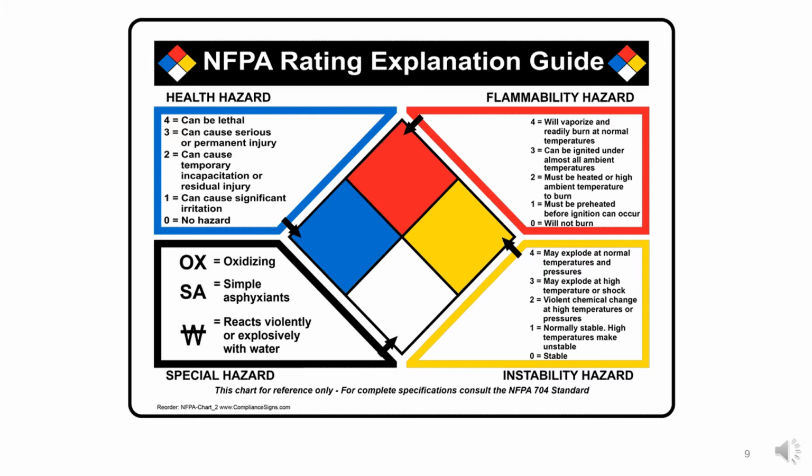And here, this is the classification of the NFPA rating explanation. So it's almost the same as we mentioned previously, but it's using, for example, different categories: health hazards, flammability hazards, and then of course instability hazards and special hazards. It's almost the same, but it uses certain different chemicals. Okay, so it can be lethal, can cause serious disease, like these. This is just for your information.